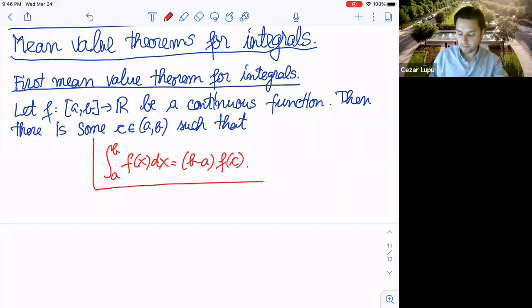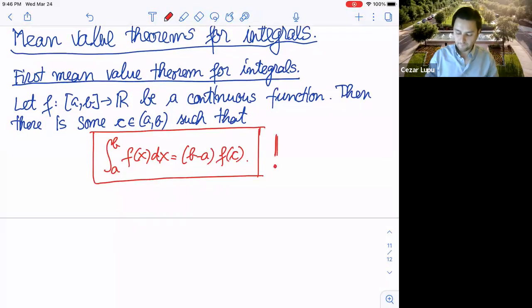So that's the statement of the first mean value theorem for integrals. Right? Okay.